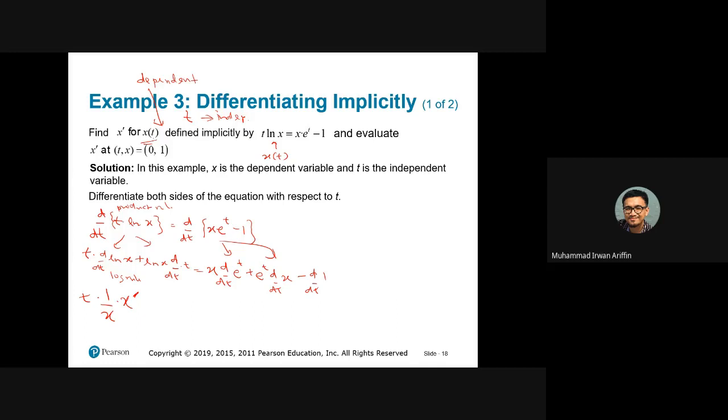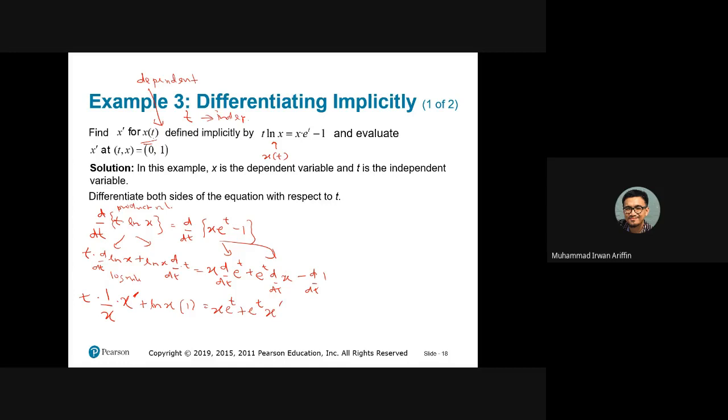And there is a t inside. Plus, this one we treat as a constant. What is the derivative of t with respect to t? It is 1. Equals, now this is x. Differentiate this with respect to the exponent, so now we apply the exponent rule, e^t. We get e^t itself, plus e^t times x prime.